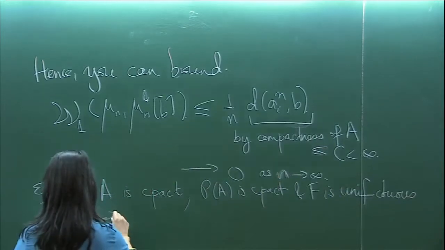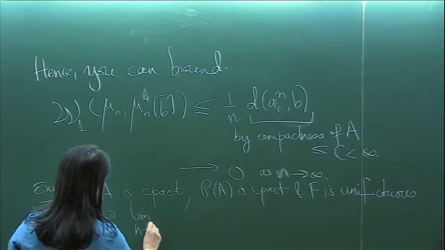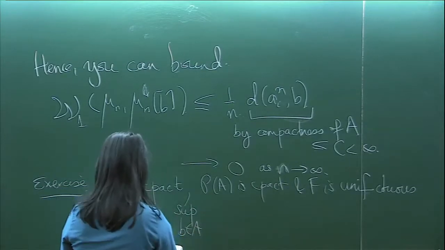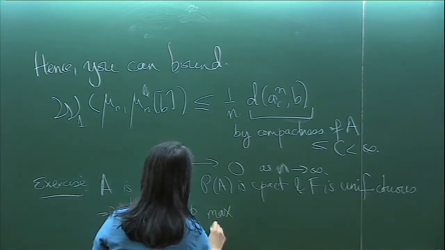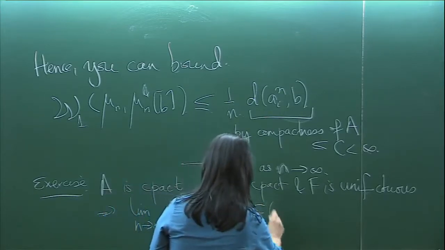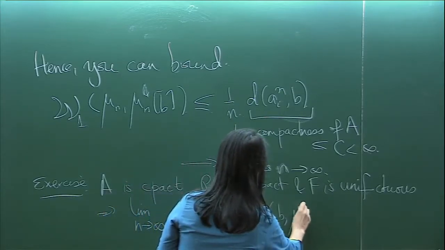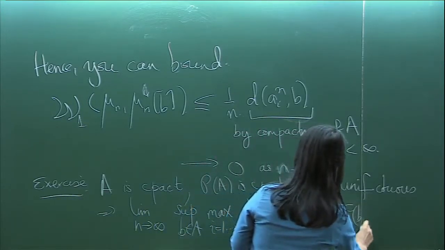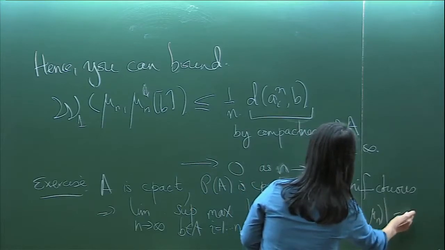So this implies that the limit of the sup over all possible actions of this difference, for any of the players, vanishes.